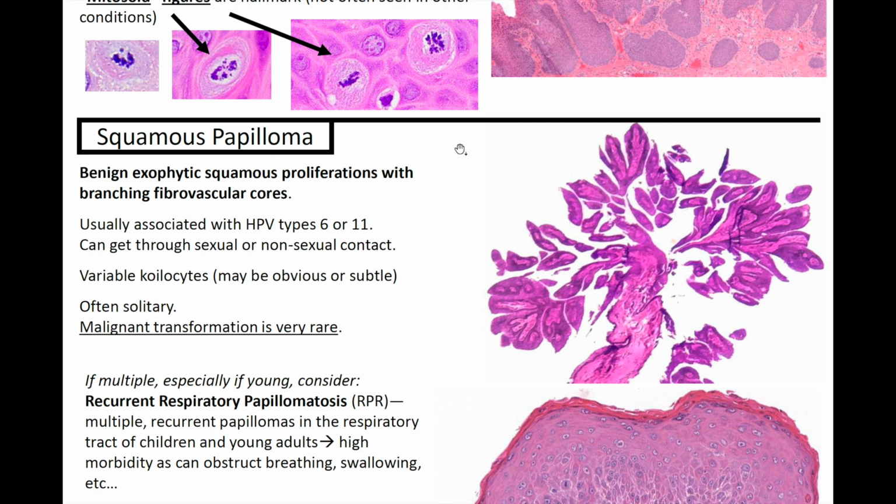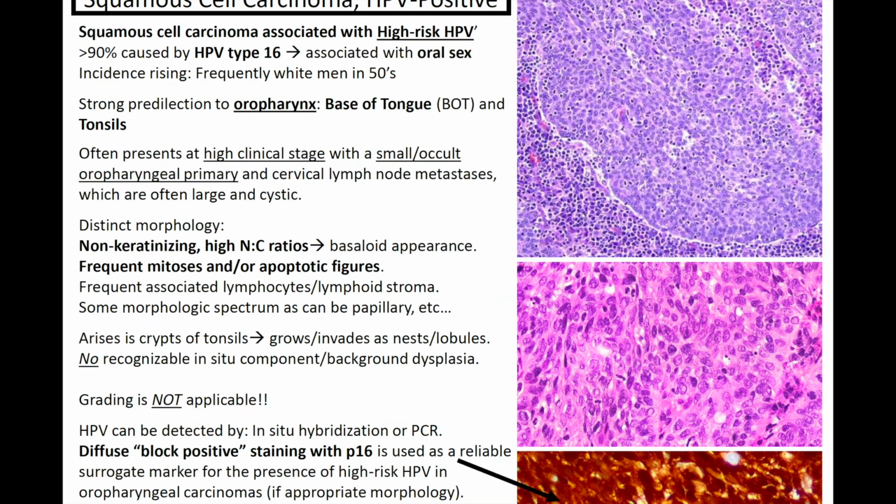If they are multiple, especially if young, consider recurrent respiratory papillomatosis, or RRP, which is multiple recurrent papillomas in the respiratory tract of children and young adults, leading to high morbidity as it can obstruct breathing and swallowing. And you can see these papillary formations with the classic fibrovascular cores. Of course, you'd want to assess for cytologic atypia and look closely at it, but that's good for a squamous papilloma.